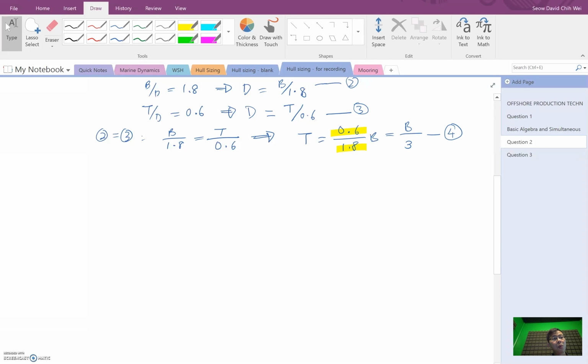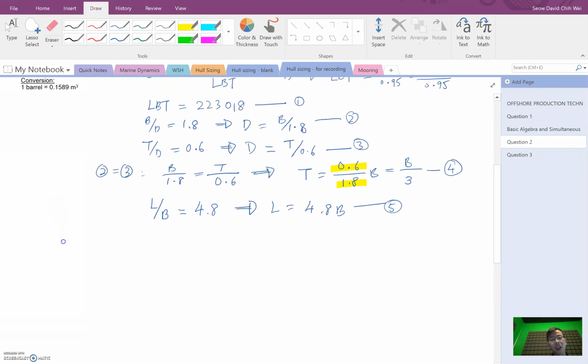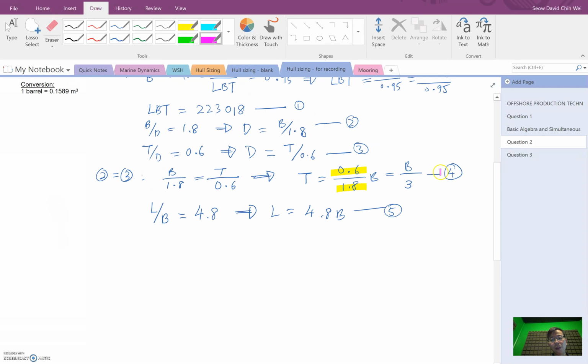Okay. So next, we still have one more expression, which is L over B. So L over B is equal to 4.8. And arranging it in terms of B, I have L equals 4.8 B, called equation 5. So if you can see here, I have equation 4, equation 5, I have equation 1.